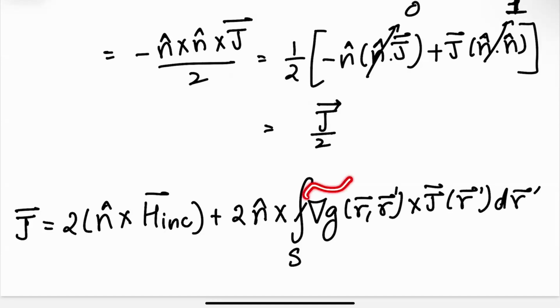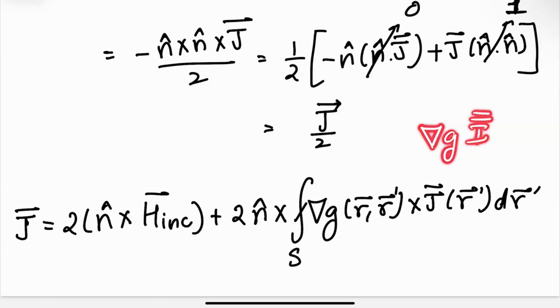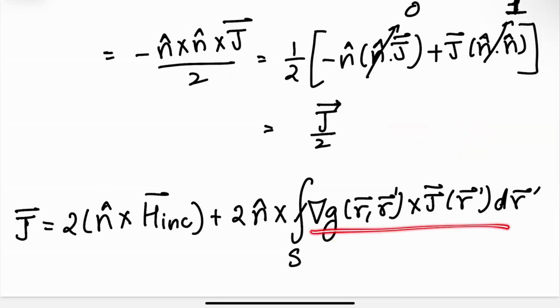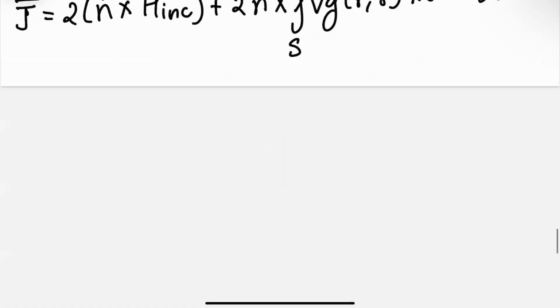So why did I put gradient of g instead of curl of capital G? We showed in the Dirichlet's function lecture that curl of capital G is nothing but gradient of little g cross with I. So when you put that in here, this is what you get. Okay, so this is a very useful result.